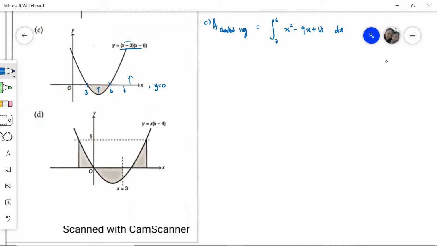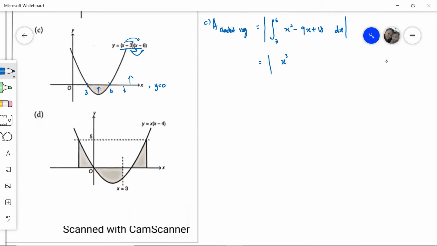When you expand, you have x squared minus 6x minus 3x, so isn't it minus 9x, and then 3 times 6, positive 18. I'm showing you without the modulus. By right, we have to put the modulus, so let's put the modulus right away. You will see the negative value inside the modulus later. So now we integrate it.